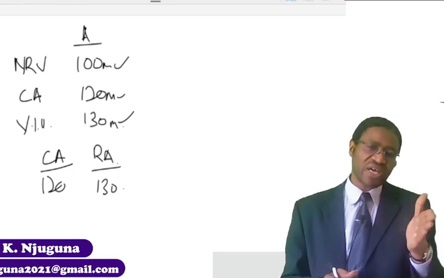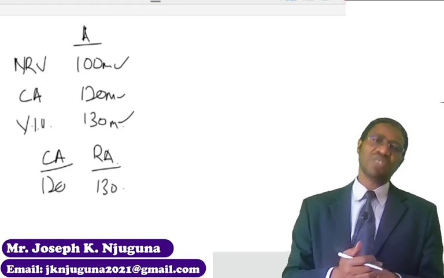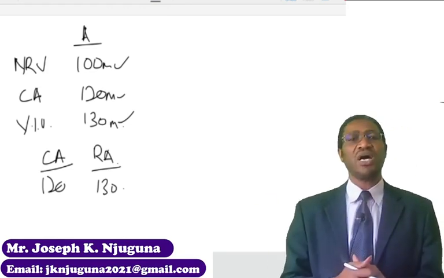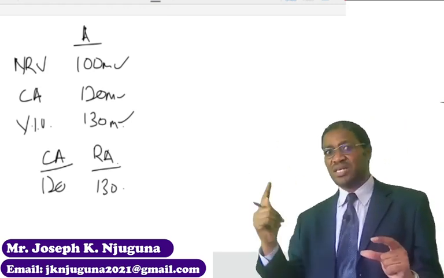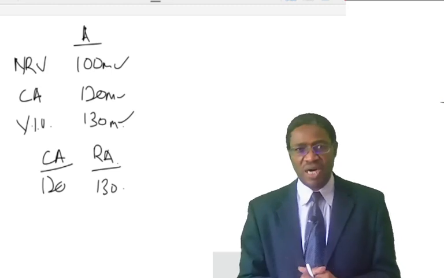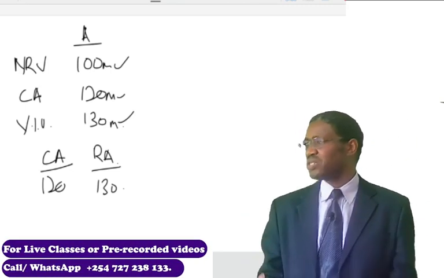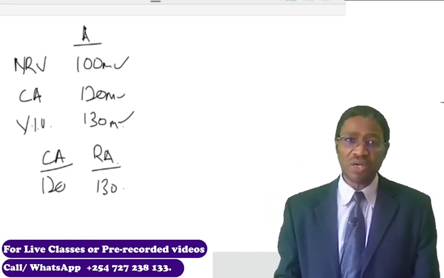But for this case, our carrying amount is 120, which is less than its recoverable amount. So in such a case, our asset has not suffered any impairment loss.